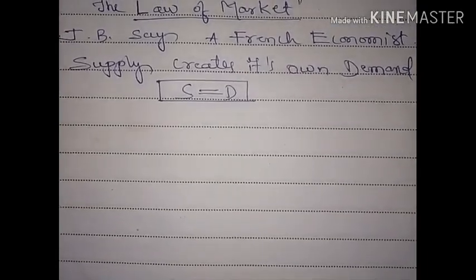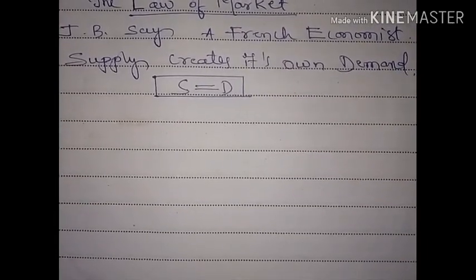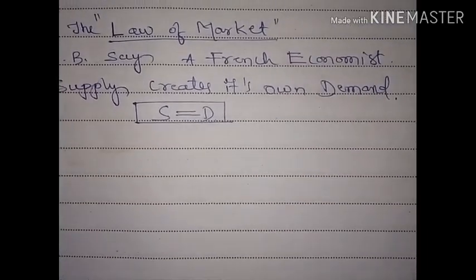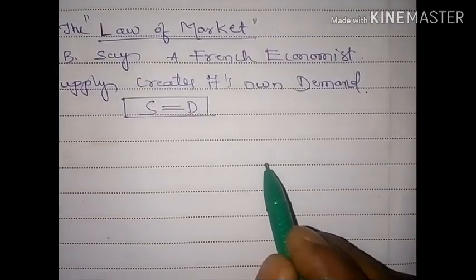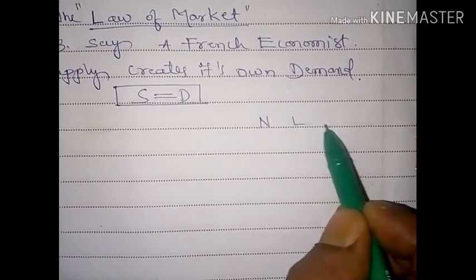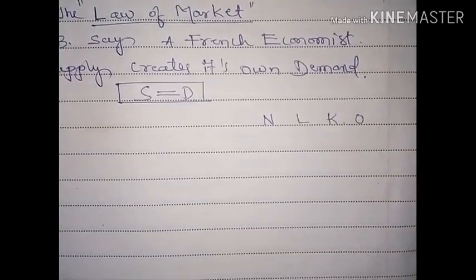Here we have to understand how the supply of a commodity creates its own demand. Here you see, factors of production are 4: land, labor, capital and organization.